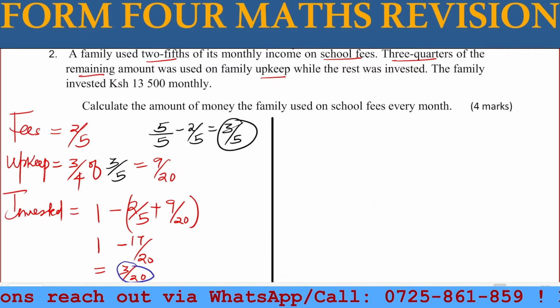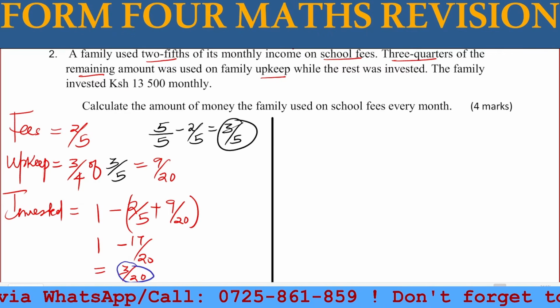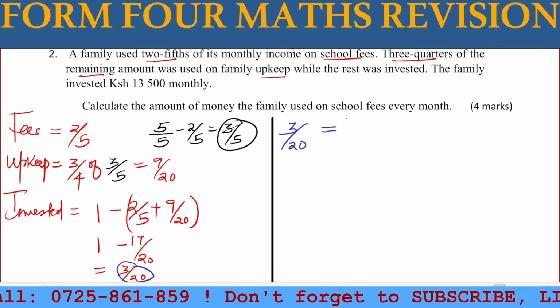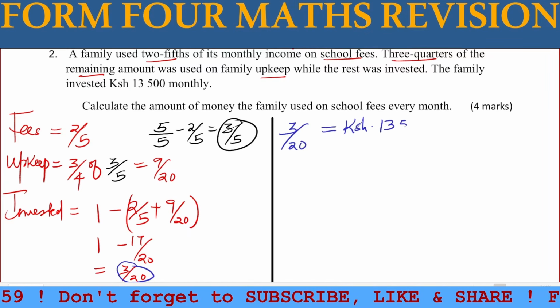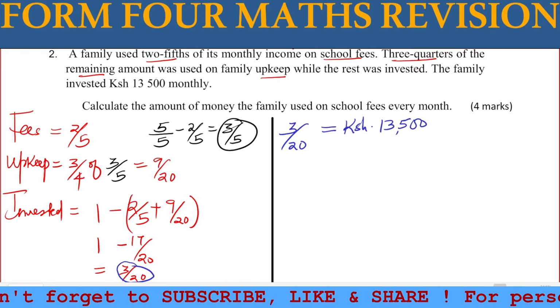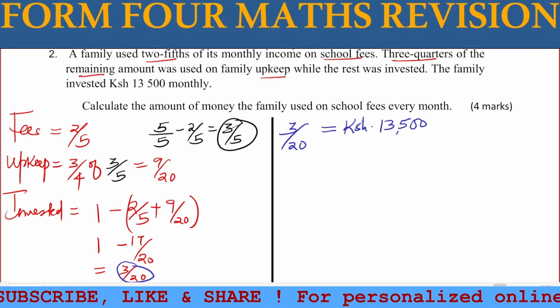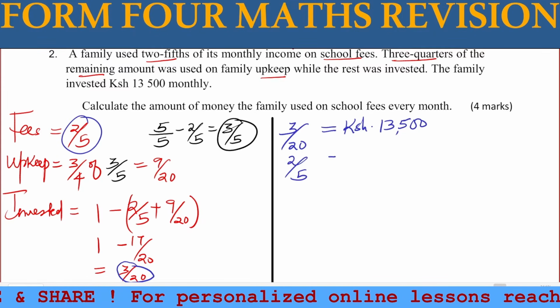Now, the family invested 13,500. So this fraction that was invested was 3 over 20, and this represents what amount? 13,500. So the question, how much was used on school fees? School fees was 2/5. So what about 2/5?